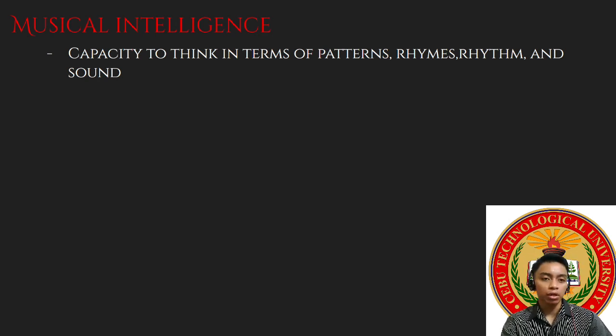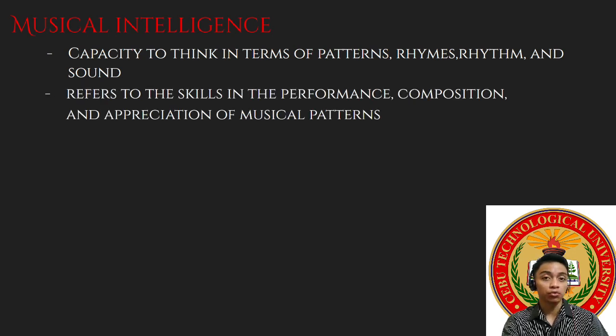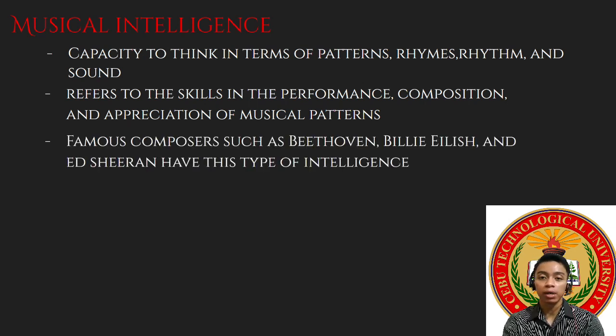And visual spatial intelligence, what is that? It is a type of intelligence where they have the capacity to visualize things and move around themselves and can recognize and manipulate the patterns of white space.